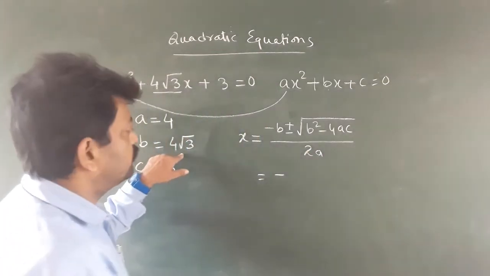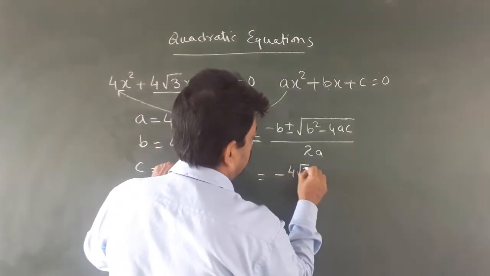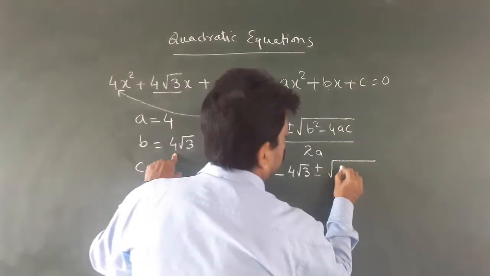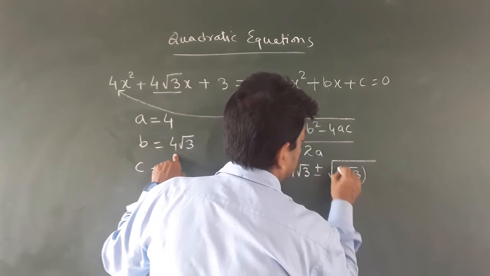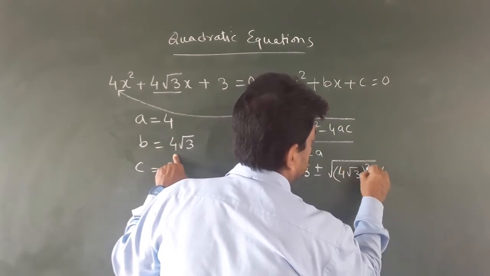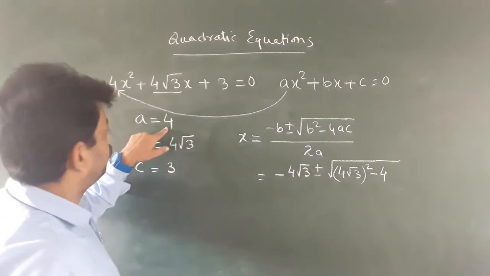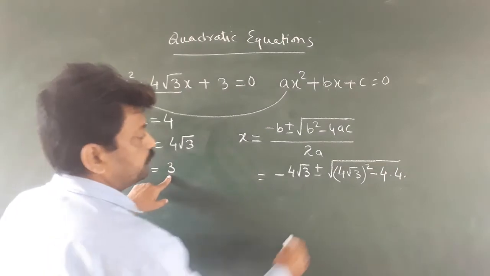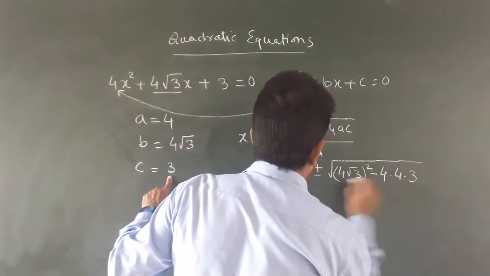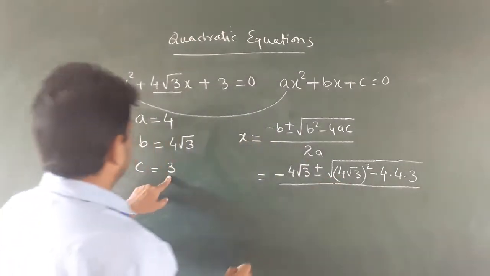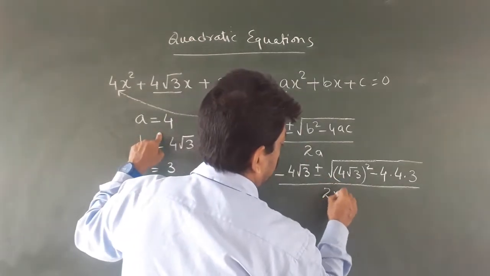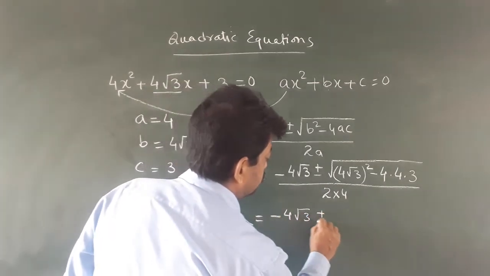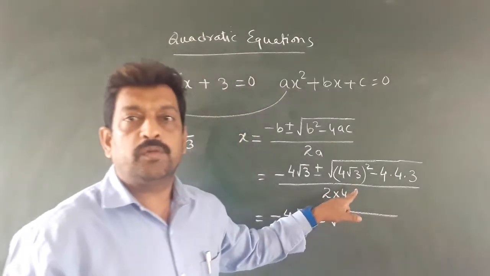Minus b means minus of 4 root 3, plus minus root over b square. b square means 4 root over 3 square, minus 4 times a, where a is 4 and c is 3, upon 2a. 2a means 2 multiplied with 4. So minus 4 root 3 plus minus root over 4 root 3 square.